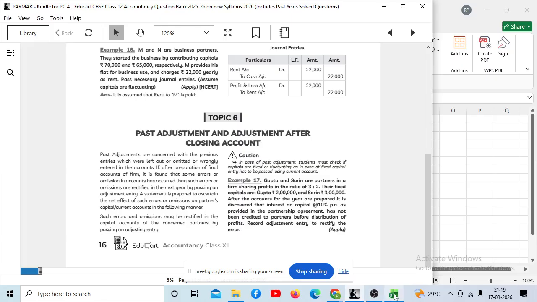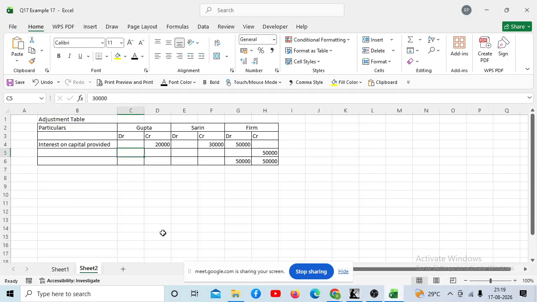So what is the profit sharing ratio? 3 is to 2. So 3 is to 2 means how much will come for this partner? 30,000, and for this partner it will be 20,000. Any doubt?